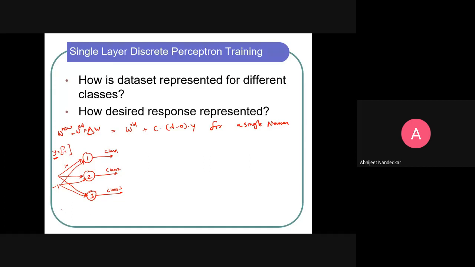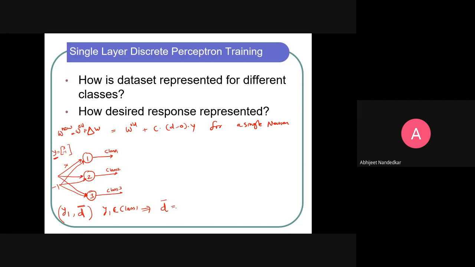Now when I present, suppose the pattern y1, I have to give a desired response for this input pattern. Now in this case it will be another vector. Earlier it was a plus or minus kind of thing because we were having only one neuron. So for one neuron we may have +1 as the desired response or -1. Now in this case, suppose y1 belongs to class 1, then the corresponding desired vector.